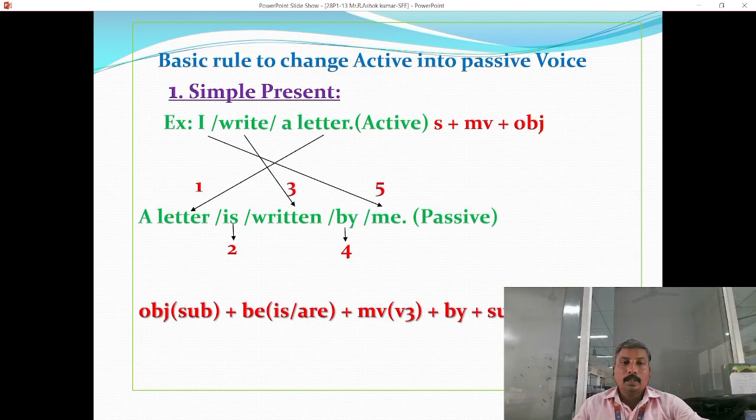Here we use the auxiliary verb is, and then the main verb should be used in V3 form. So write becomes written, and then we add the agent by, and then the subject becomes the object. So I becomes me. These are the basic rules to change the active voice into passive.